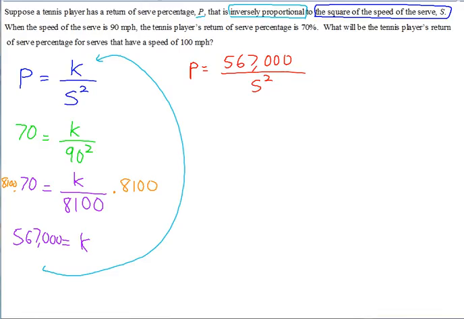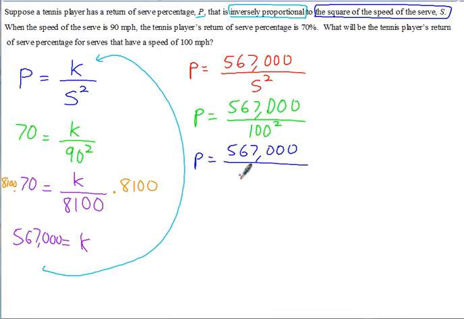And now we can answer the question. It says, what will be the tennis player's return of serve percentage for serves that have a speed of 100 miles per hour? So P would equal 567,000 divided by 100 squared. Let's simplify the squared first. 100 squared, 4 zeros, would be 10,000.